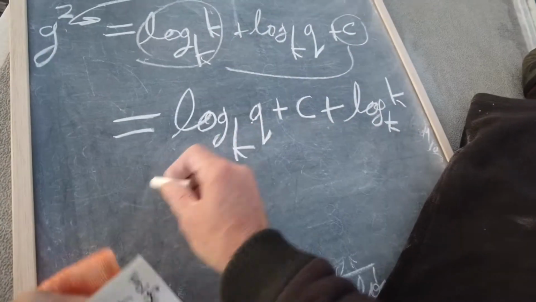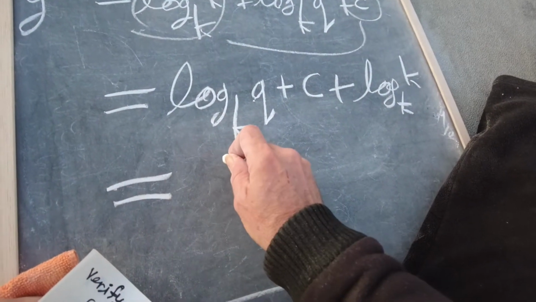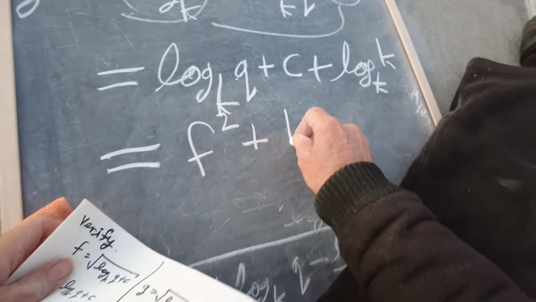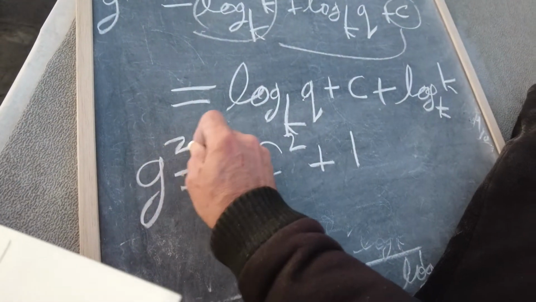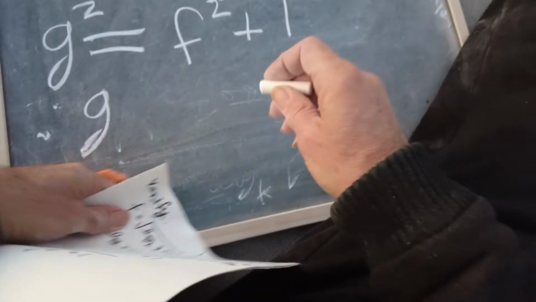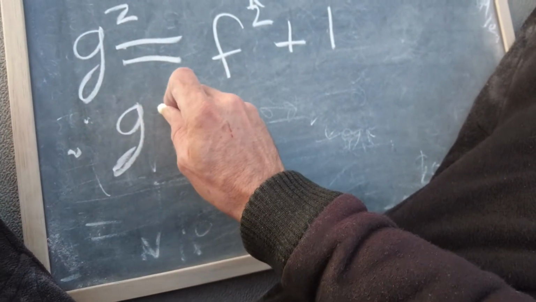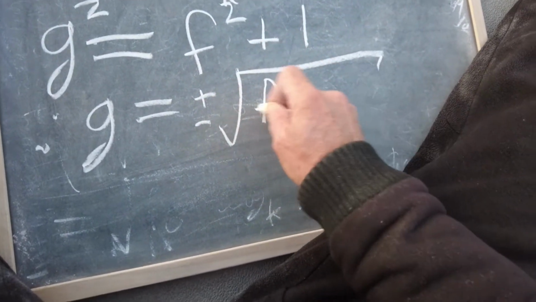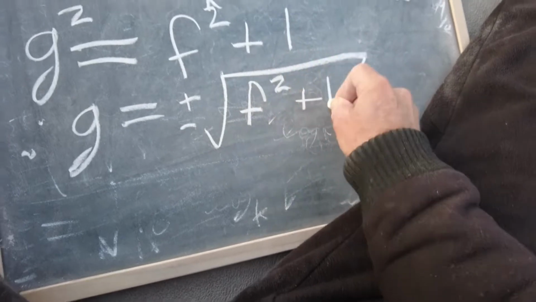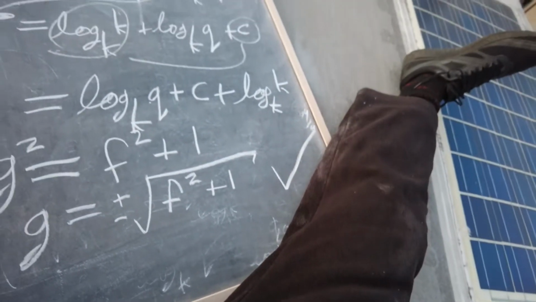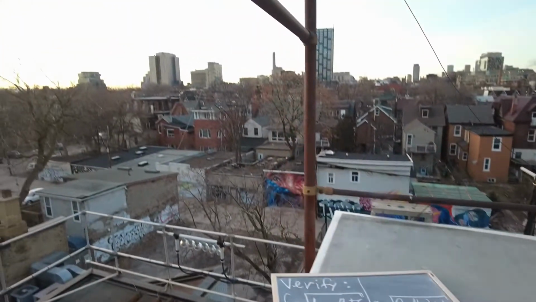So that is equal to f squared plus 1. G squared is equal to f squared plus 1, so therefore g equals plus or minus the square root of f squared plus 1. So we've verified, in fact, that we've solved the comparametric equation, and that it is a solution.